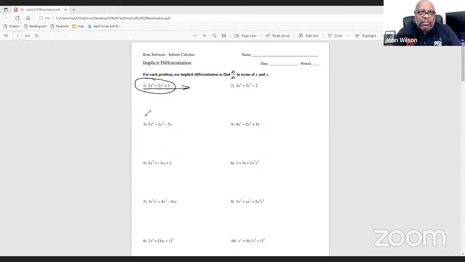Y prime is what we usually see when we're doing implicit differentiation, okay? Because you want to treat it like a variable so you can move it around easier. Dy dx is a little cumbersome, all right?